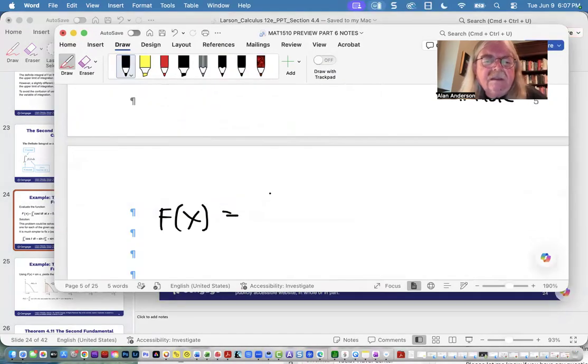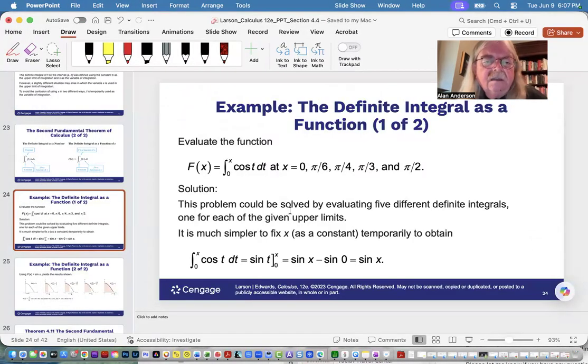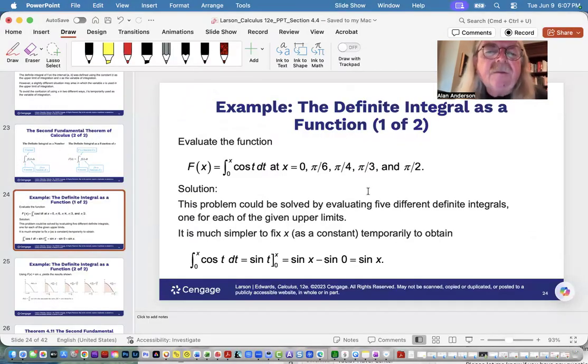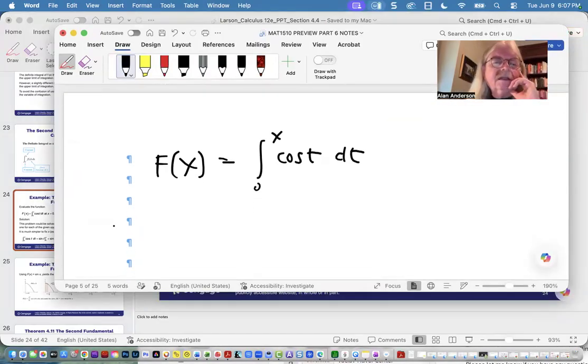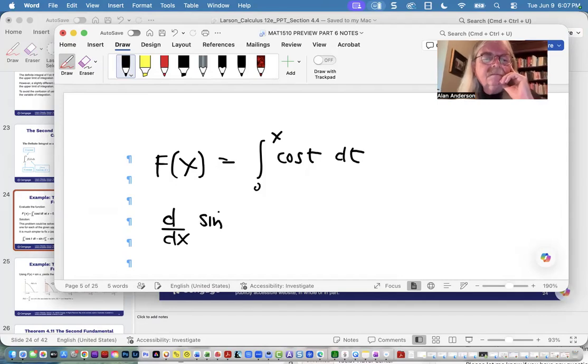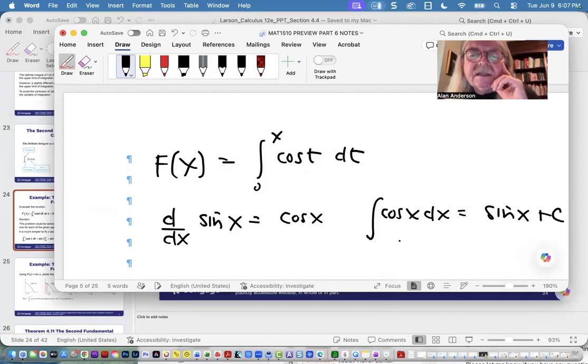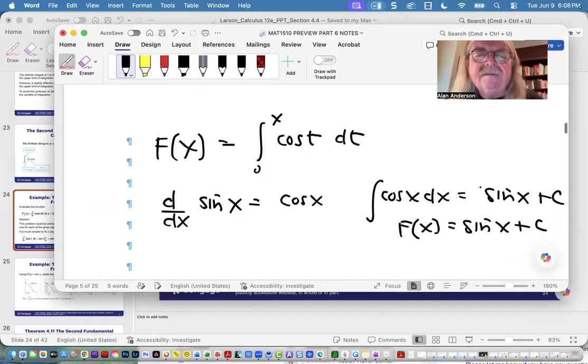The integral, and if you remember that since the sine, which is the same thing as saying that the antiderivative is sine x plus c.